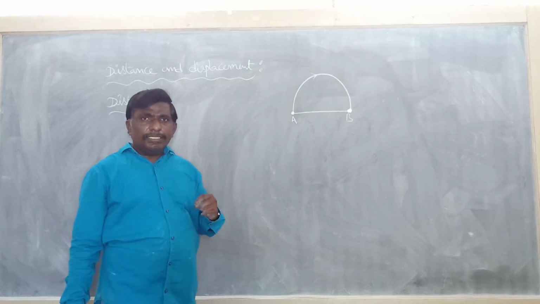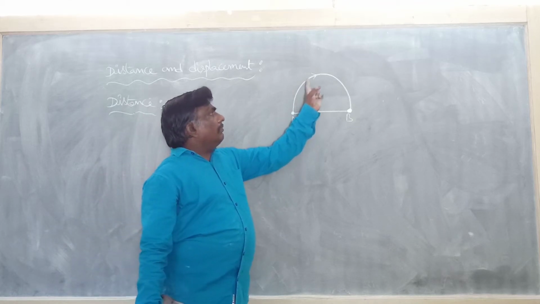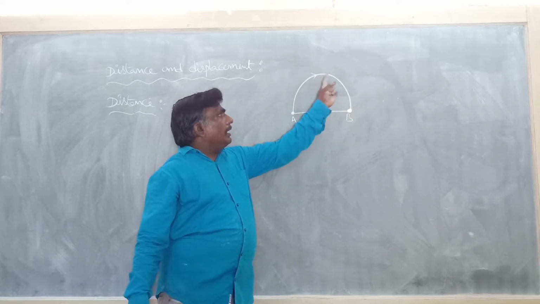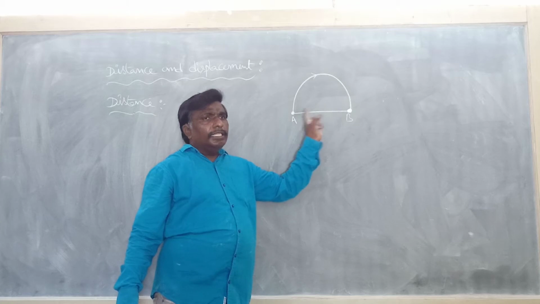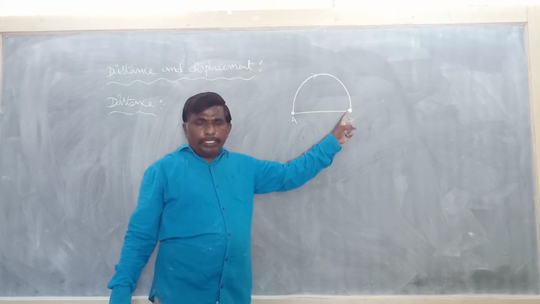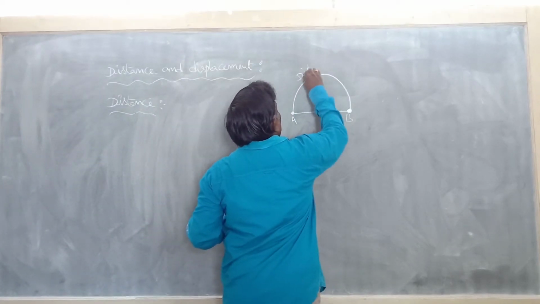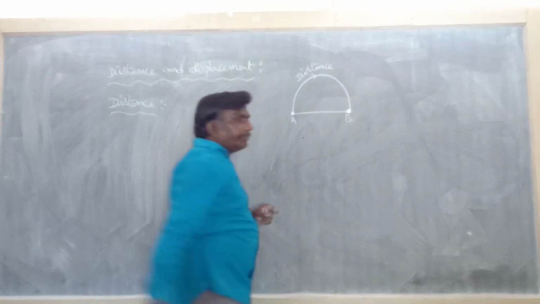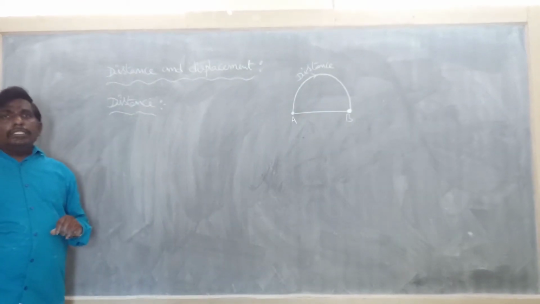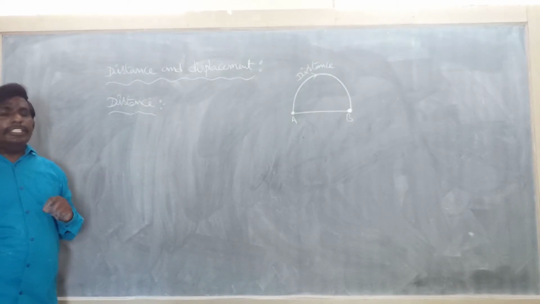So what is distance? The total length of the actual path traveled by a body between initial and final positions is called distance. What about its SI unit?